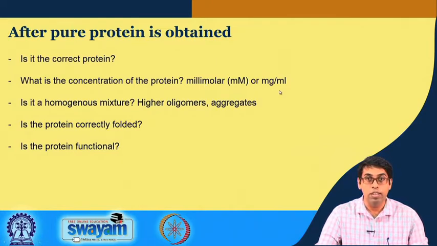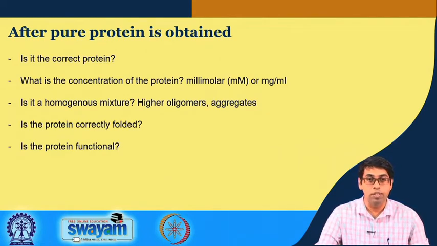The other unit that is very frequently used is milligrams per ml, the number of milligrams of protein that is present in 1 milliliter of solution. Somehow we have to estimate the concentration of protein in one of these two units, and these are easily interchangeable.